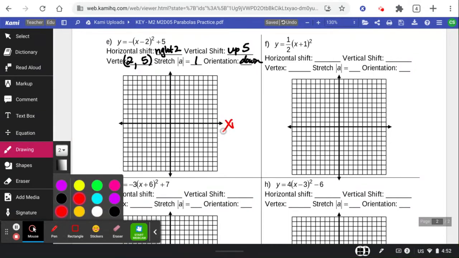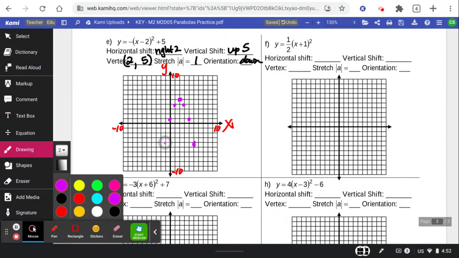Label and scale that graph. Go put that dot at 2, 5. Right 2, up 1, 2, 3, 4, 5. From there, we're stretching down at the normal parent stretch. Out 1, down 1. Out 2, down 4. Out 3, down 9.